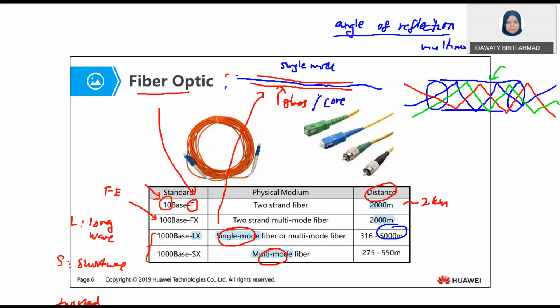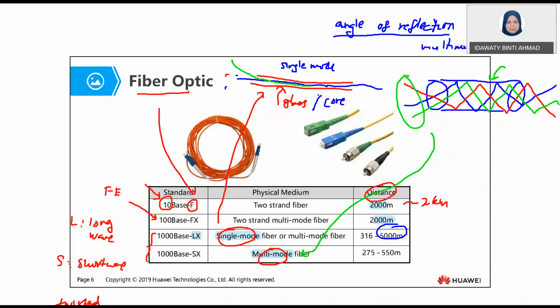by reflection of the signal. So here multi-mode means multiple light rays. As you can see, if you transmit physically, if you have a very small glass, the light can go straight. If it can go straight, it can cover more distance.